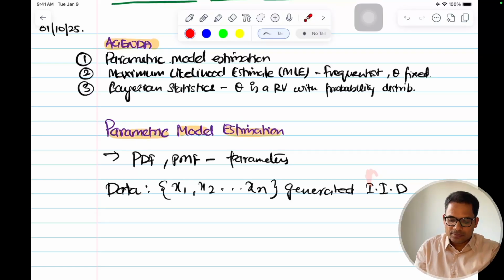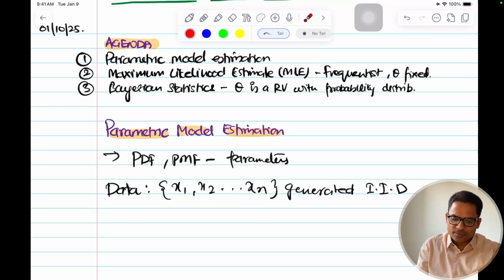Independent means all these samples are independent, and identically distributed means all of these are coming from the same distribution. That's what parametric model estimation assumes: that the data is generated IID from some known distribution.